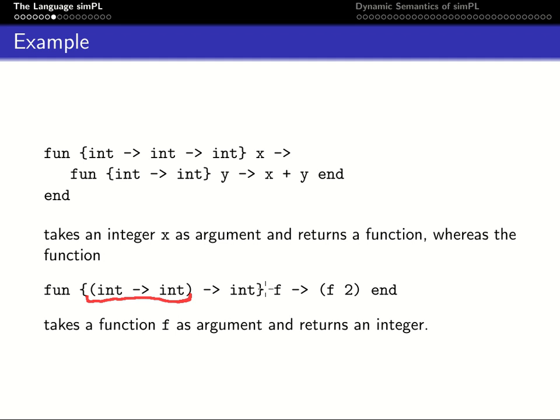And let's call it f, and I want to return an integer, right? So let's call the argument f, and then what can I do with an f that is int to int? The only thing I can do is pass to it an integer, right? This is what's happening here. Okay, so I take in a function, and the only thing I can do inside is apply that function to an integer, and the result should be an integer, right? So this thing tells me that this thing is going to be an integer. Therefore, the result of the whole thing is going to be an integer.